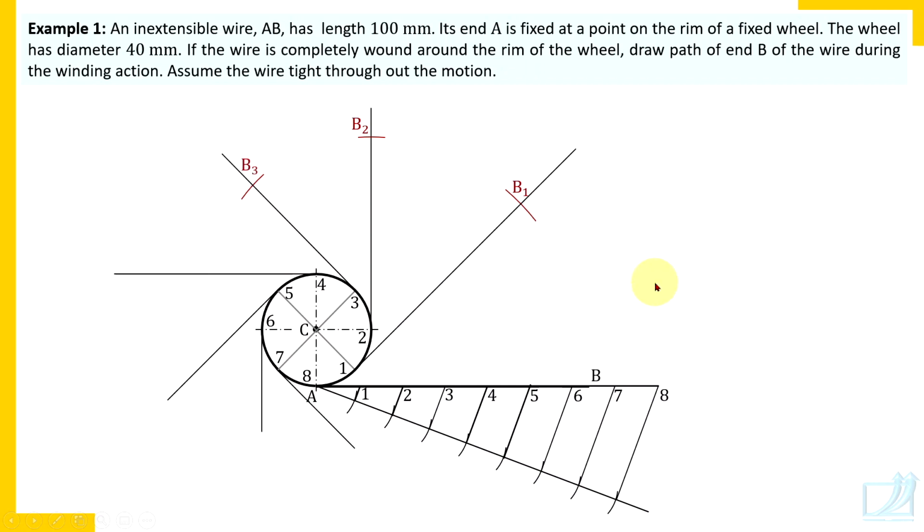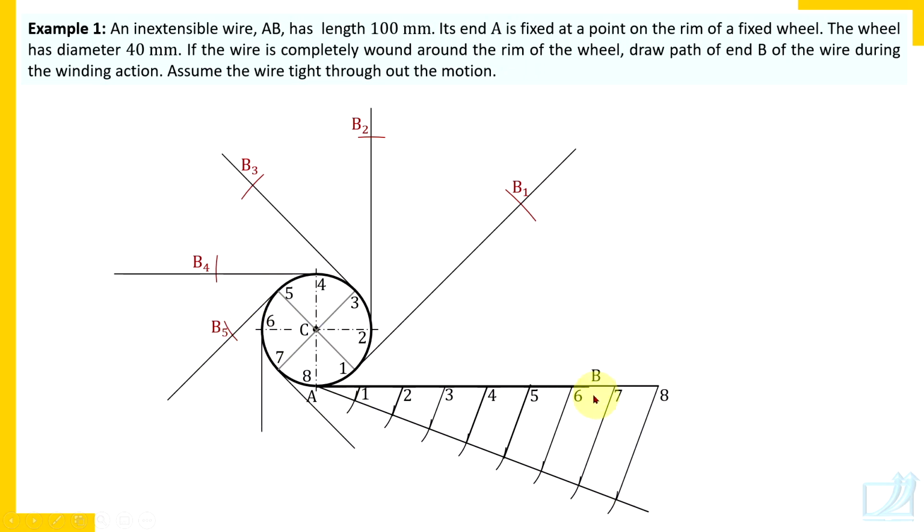Okay. So take distance 4b in the compass and from the fourth point on the circle, you cut the fourth tangent, and this point is B4. Now take distance 5b in the compass and on the fifth tangent mark B5. Have you noticed the length of the tangents is decreasing?